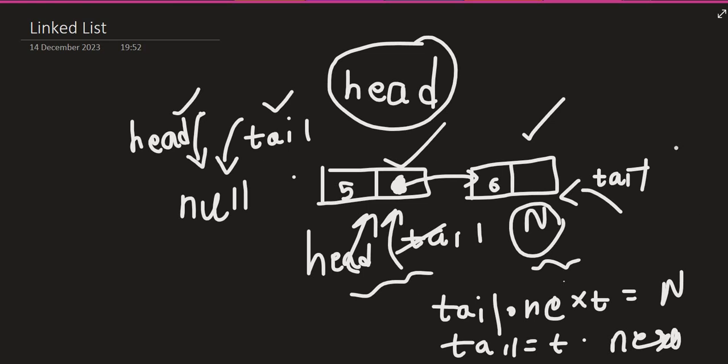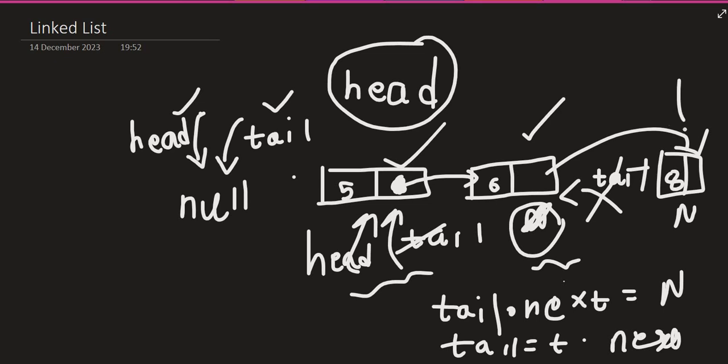Now again I am creating another node, that is 8. What should I do? Now this node is n. Now this is the tail. Tail.next = n. Now increase the tail. Simple thing.